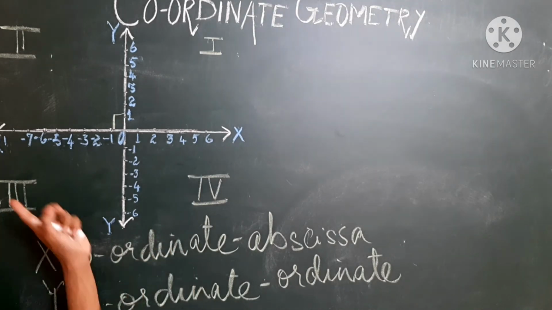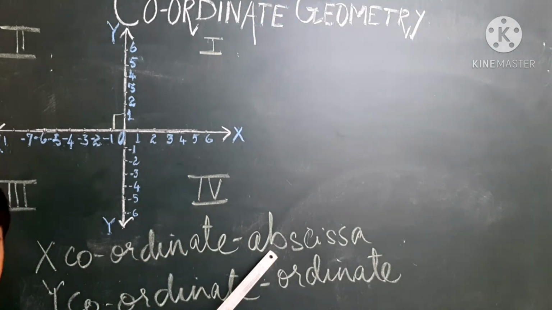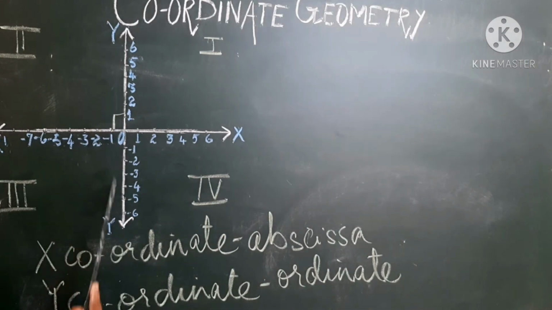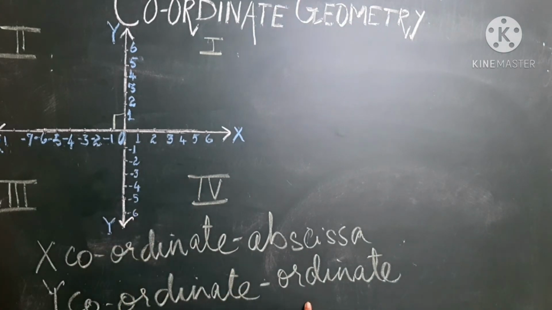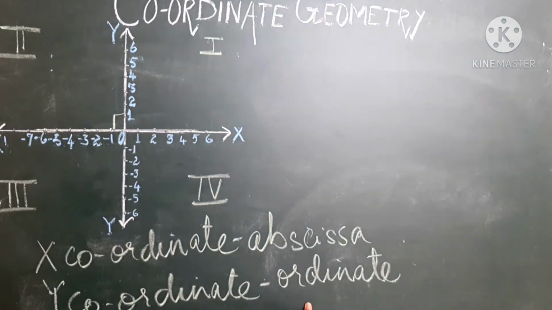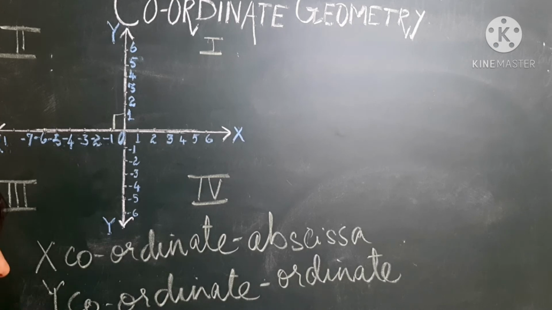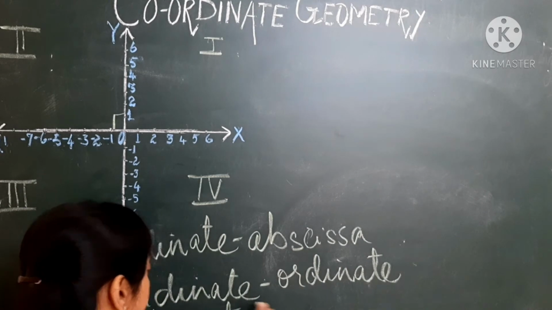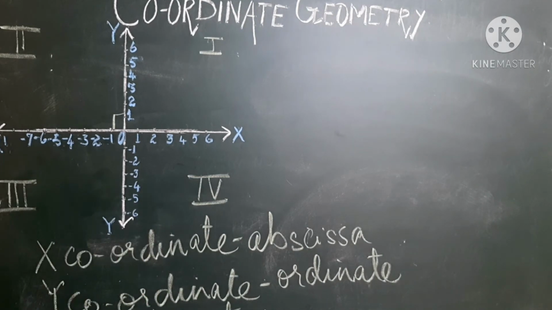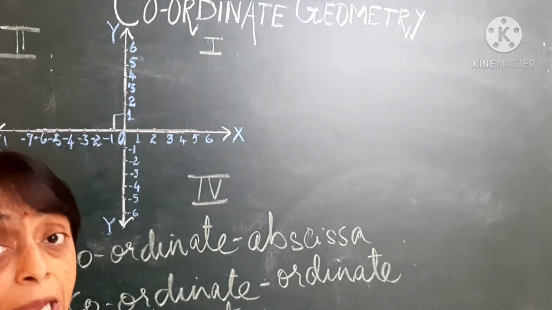So each numerical value on the x-axis is called as the abscissa, and any numerical value of any point plotted on the y-axis, which is perpendicular to the x-axis, is always named as ordinates. Together they are called as coordinates. So children, as I have already told you, the different coordinate systems, the first one which I said was the number line.